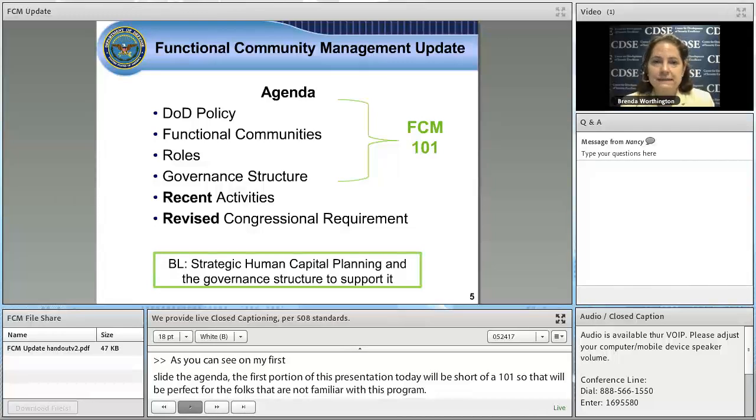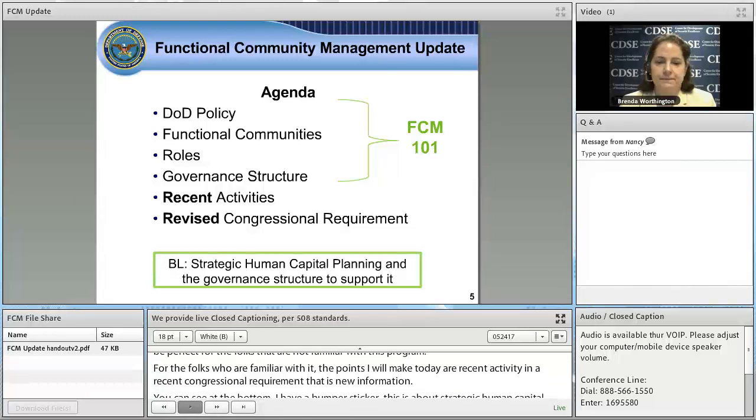So you can see at the bottom of my slide, I've got what I call bumper sticker. The bottom line is this is about strategic human capital planning and the governance structure that we have in DoD to support it. And specifically, this is about the civilian security functional community, the civilian workforce.